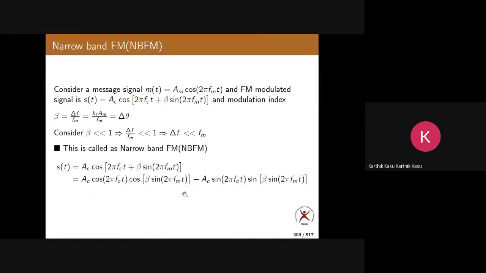Please remember, the entire term cos of (β sin 2πfmt) will be 1, while sin of (β sin 2πfmt) is only β sin 2πfmt. That's why here you will get like this.